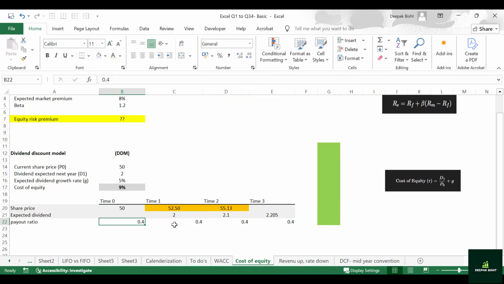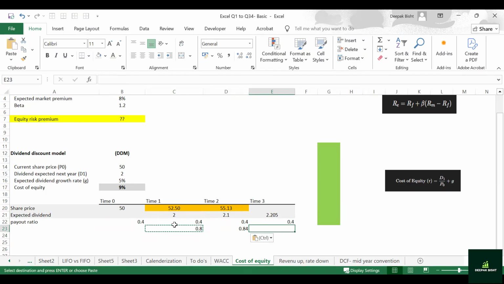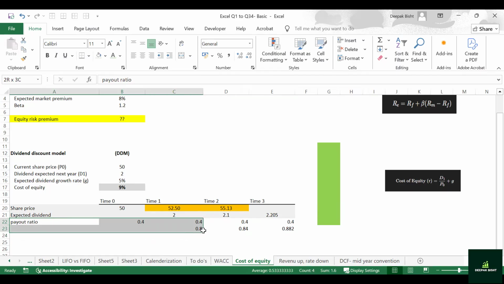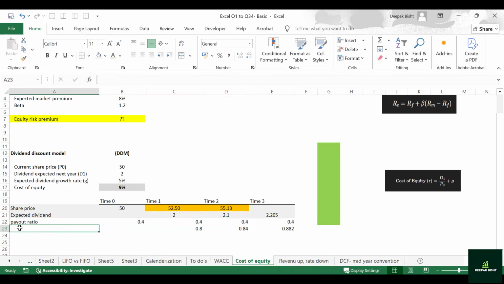the years, so what will happen is, if 40% is the payout ratio, I am only distributing 0.8, 0.84, and 0.882 as a dividend to my shareholders, because to support the organization itself, they actually have a retention ratio.